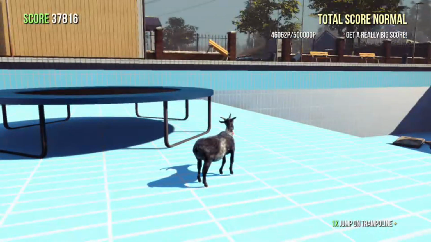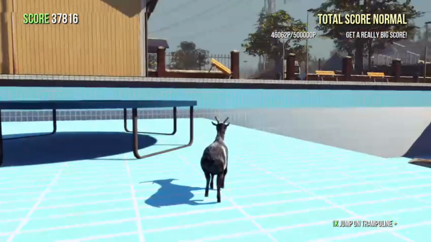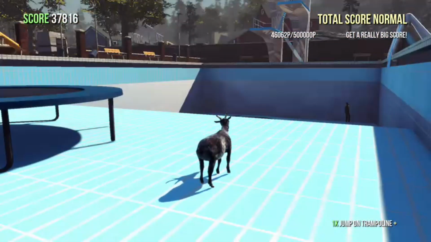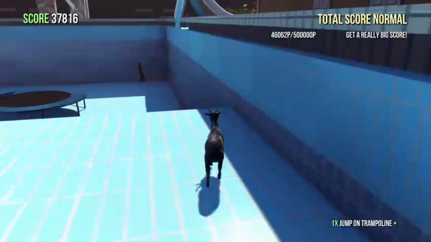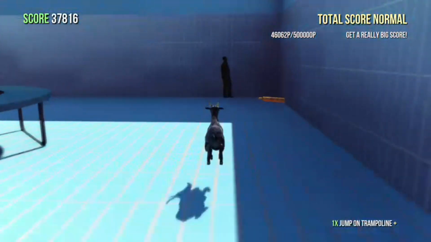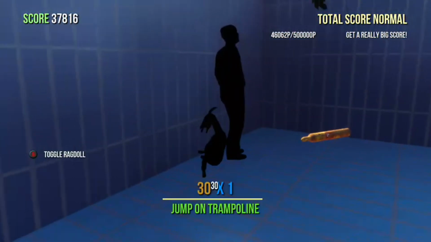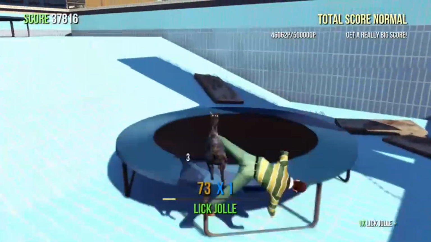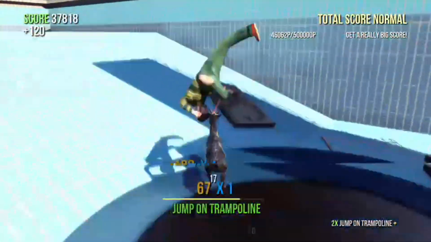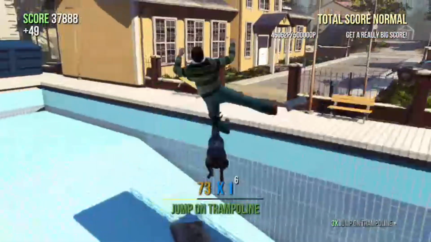So objects or goats or people with larger masses are going to have greater potential energy due to the acceleration due to gravity for the same height as something with a small mass. Like me and this guy here, he's got a bigger mass than me. So when he's up in the air, he's got more gravitational potential than me.